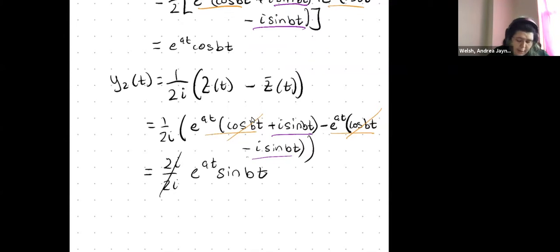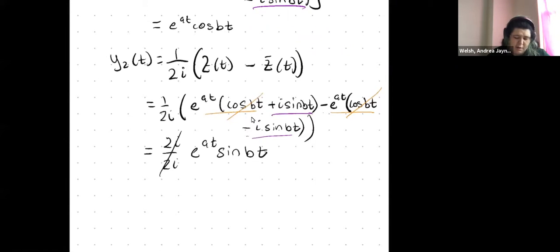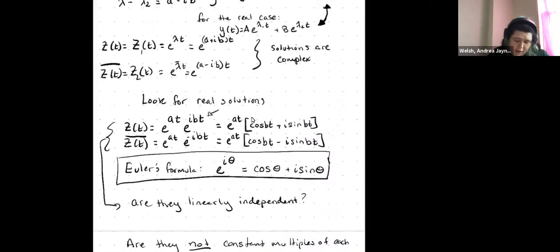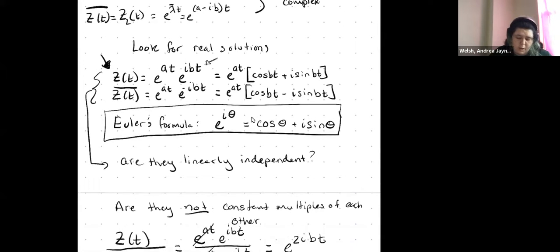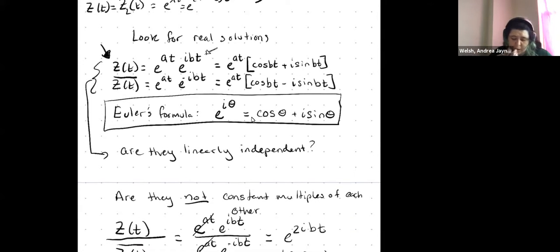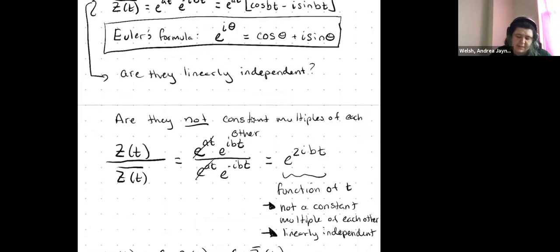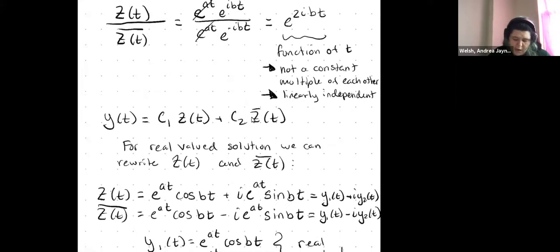All right, so we showed that we can massage our original complex solutions, which we got the same way that we got our solutions when we had real roots. We just plugged it in using the same thing, and we showed that we can rewrite that to get sines and cosines.